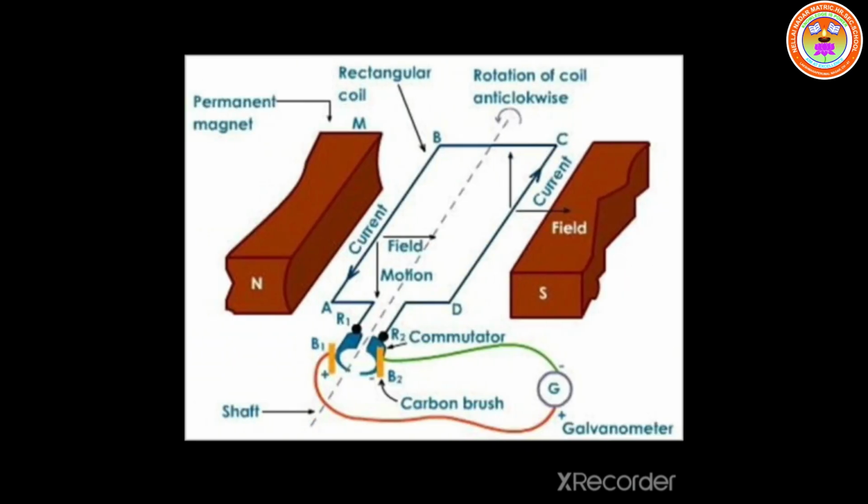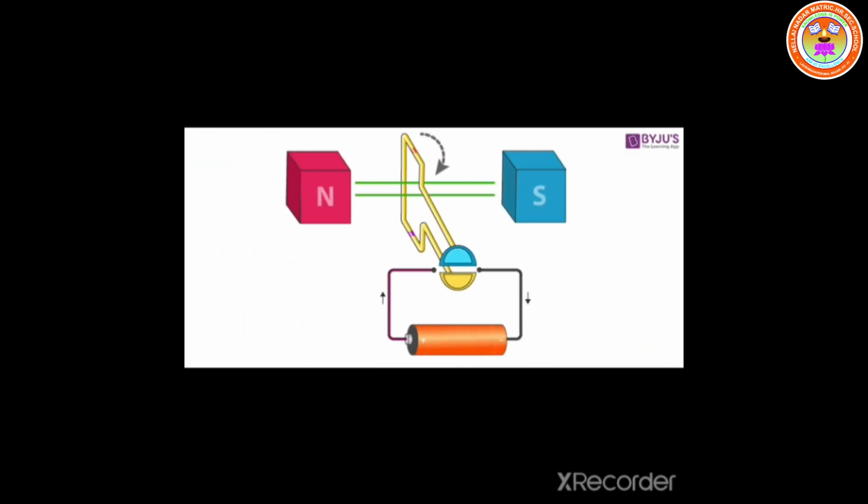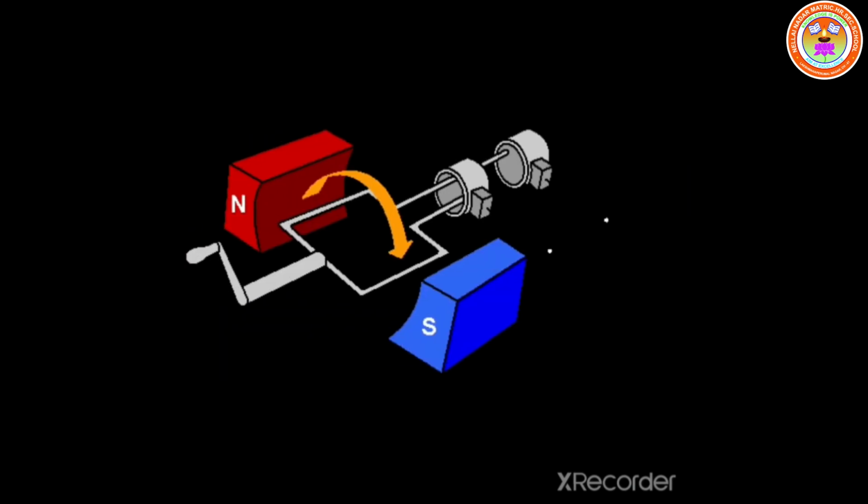The two rings S1 and S2 are internally attached to an axle. The axle may be mechanically rotated from outside.